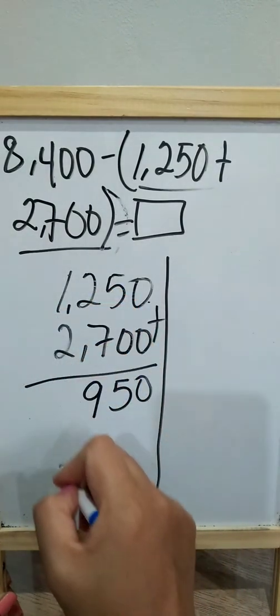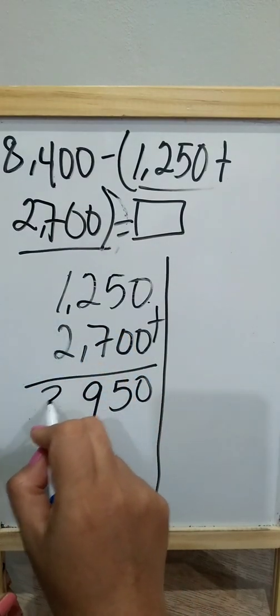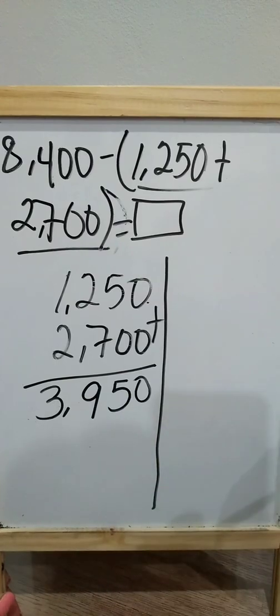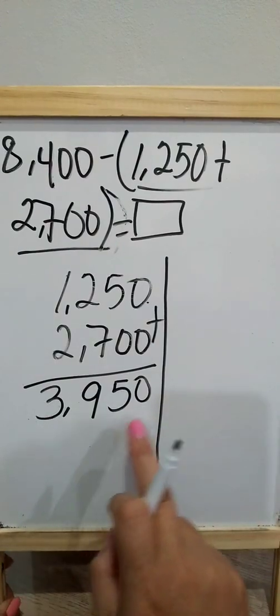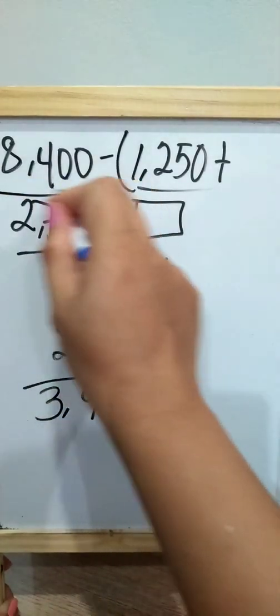And then 1 plus 2 is equal to 3. So the answer is 3,950. Now we can subtract it from this number.